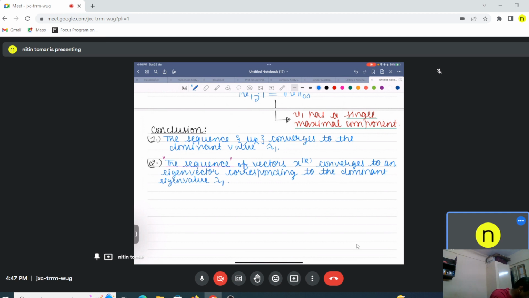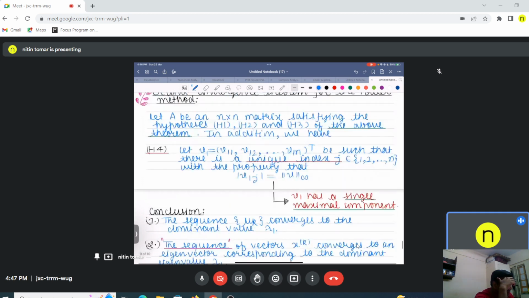So the proof is not actually very difficult, okay? We will see the proof maybe, but you should notice the difference between the first theorem and the second theorem.